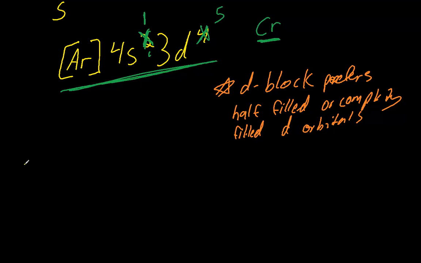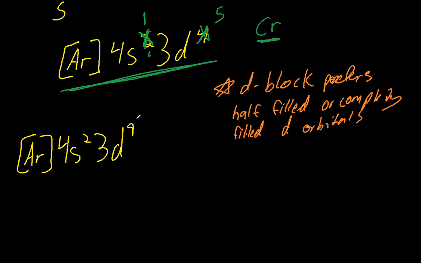Again, I'll use the shorthand for argon. We'll do 4s2, 3d9. Which one is this? This is 11 elements after argon: 1, 2, 3, 4, 5, 6, 7, 8, 9, 10, 11. Did you find it on your periodic table?